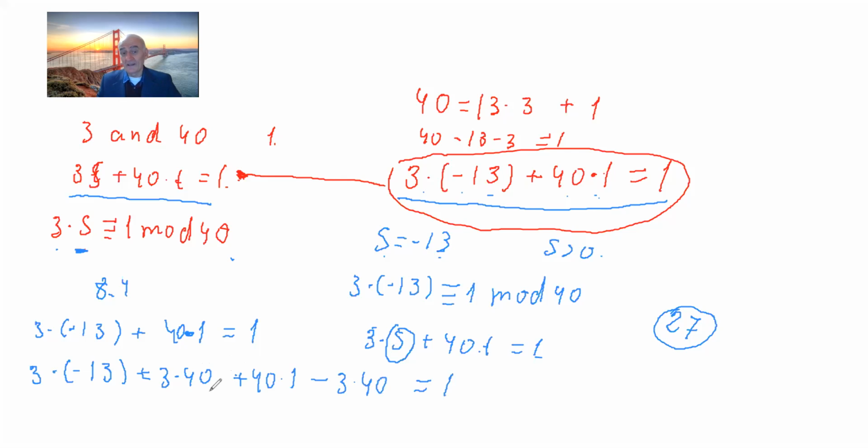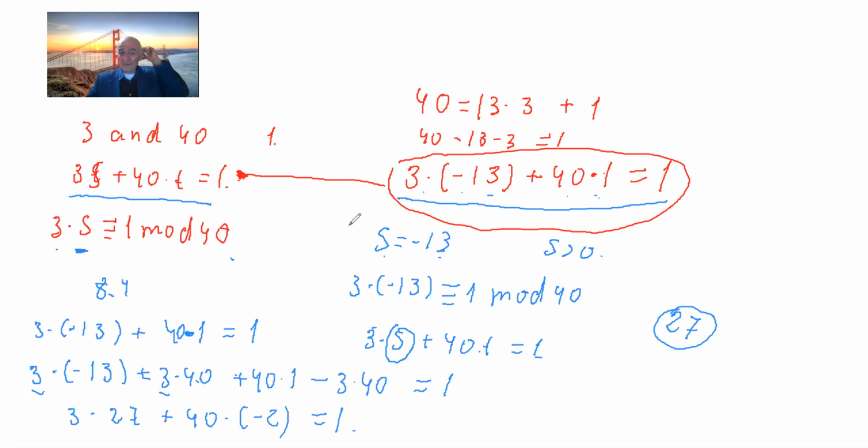I think you agree that I can add 3 times 40 and subtract. So now if I factor out 3, we have 3 times (40 minus 13), it's 27, and plus 40 times minus 2 equals 1.